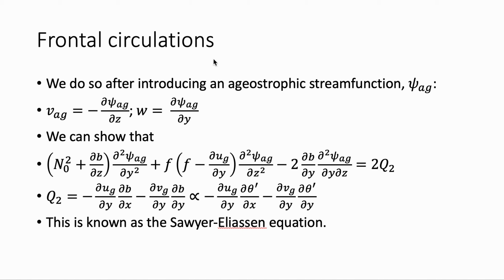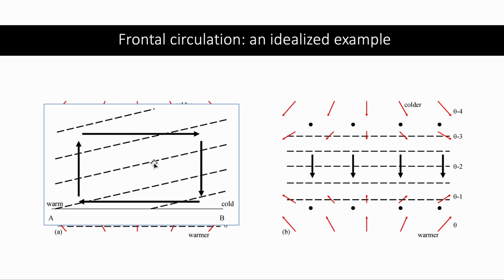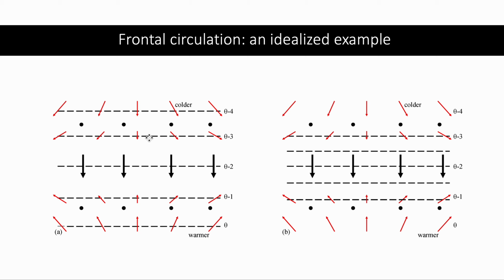Okay, so notice these terms: dUg/dy, dθ'/dx, and dV/dy, dθ/dx. We can think about a situation like this where we have these isotherms, isentropes, over here. This is the y direction, this is the x direction, and these are the winds.